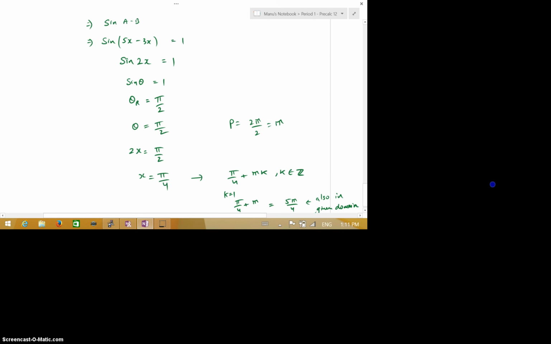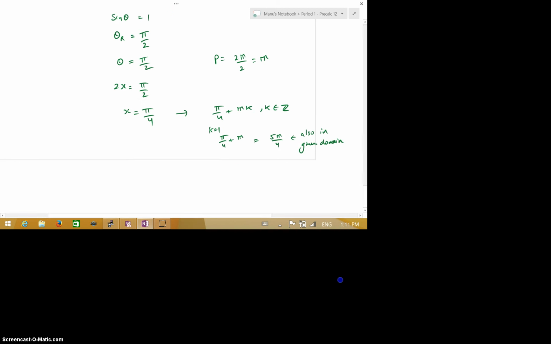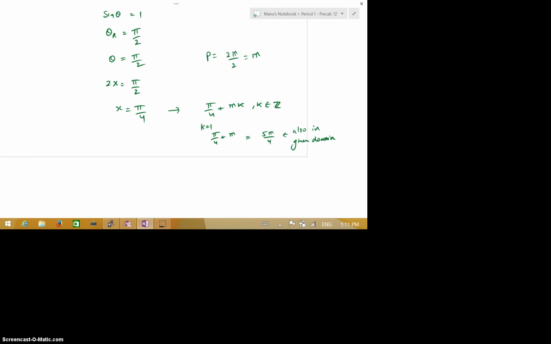The domain we're working with is 0 to 2 pi. So any of these double, triple angle solutions, we have to find the general solution, then plug in k values, figure out all possible solutions. So as a result, x is going to equal two possible solutions, pi over 4 and 5 pi over 4.